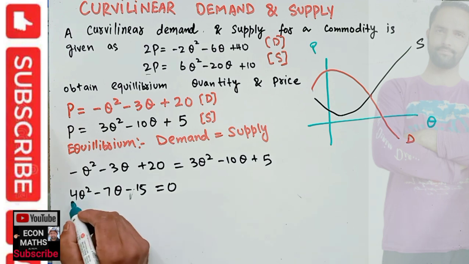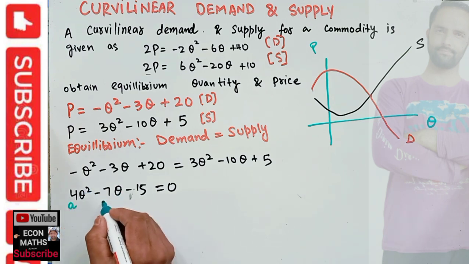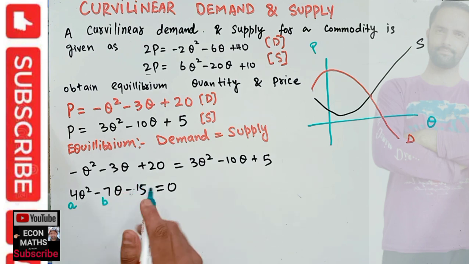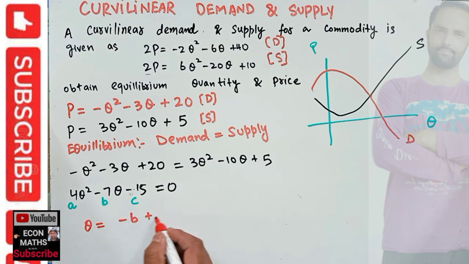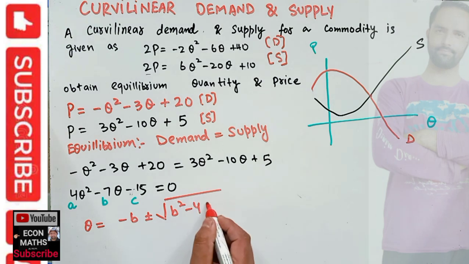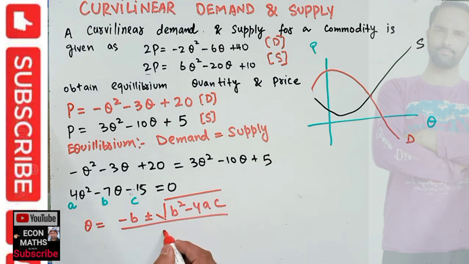Let us say the coefficient of q² is a, the coefficient of q is -7, let's denote it by b, and our constant term is c. Using the quadratic formula, q = (-b ± √(b² - 4ac)) / 2a.